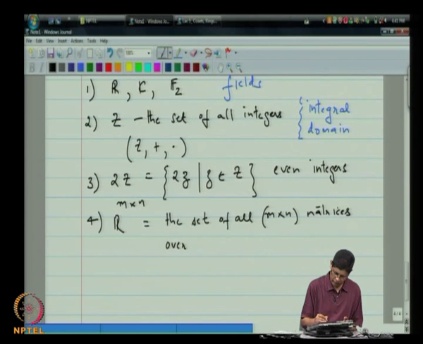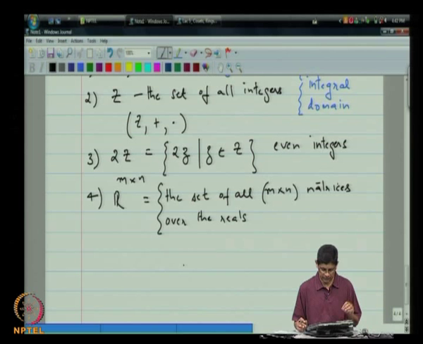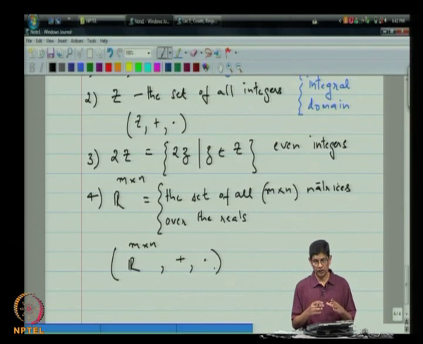So, what we mean is that all the entries of each and every matrix is a real number. Now, strictly speaking, when we talk about a ring, we mean R m cross n, with multiplication and addition. Addition is defined component wise, multiplication is the usual matrix multiplication.